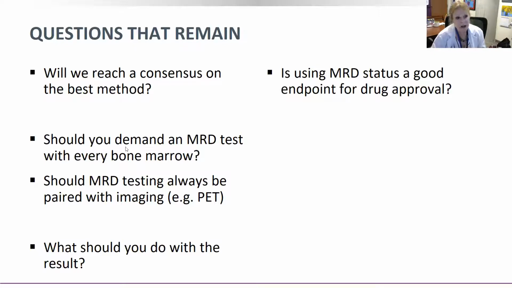I think the second thing is that should you demand an MRD test if you are a patient coming in having a bone marrow biopsy? I think the answer I would give you is, it depends on where you are in treatment and what the next steps are that you're going to do.